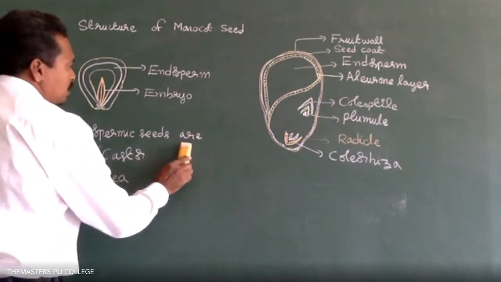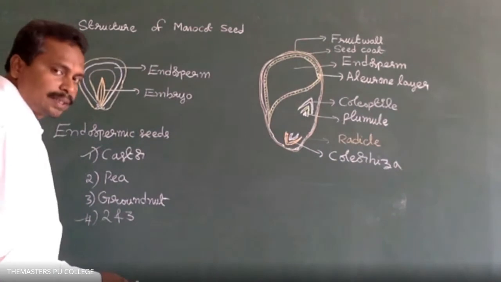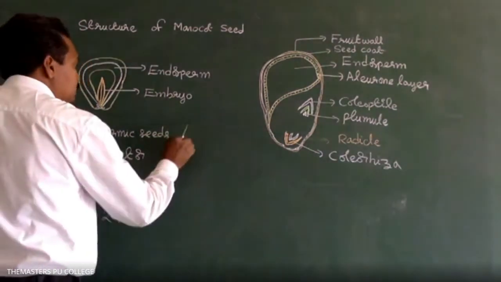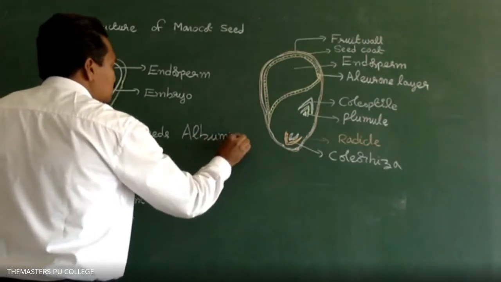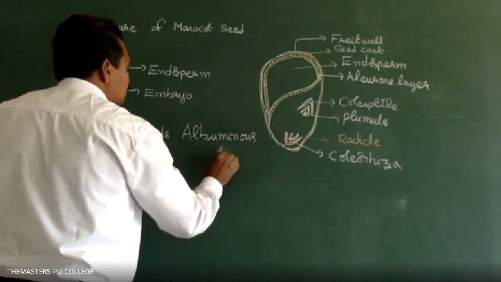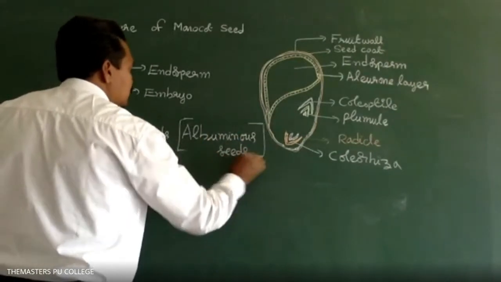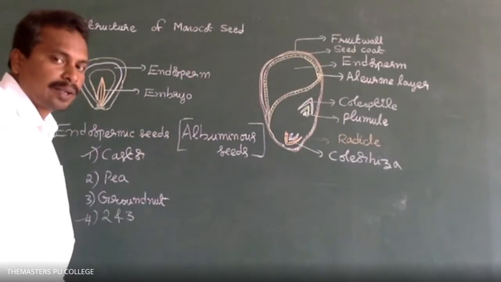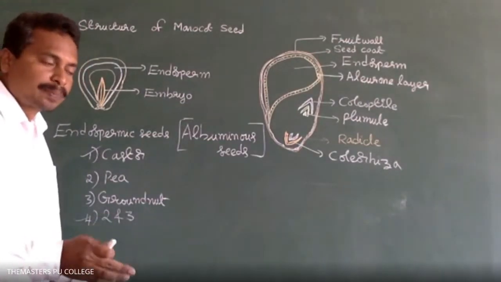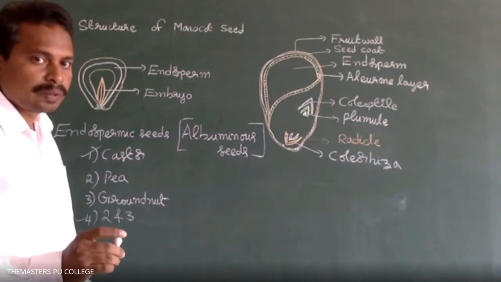So endospermic seeds are also known as albuminous seeds. Is endosperm present or not in mature seeds? Yes, sir, it's present.